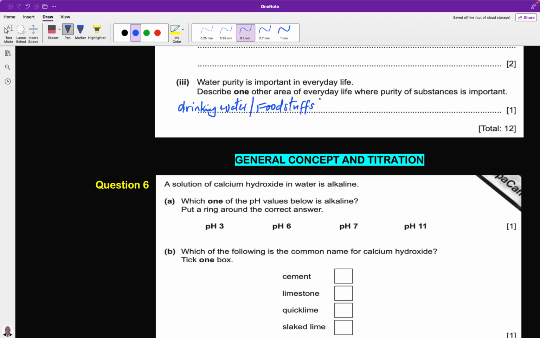Purification is also needed for drugs, for medications. Our medicine or our medication must be pure.